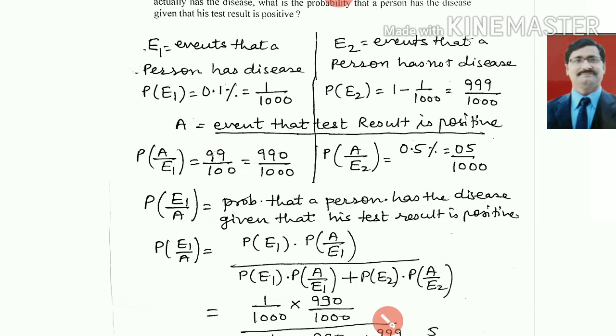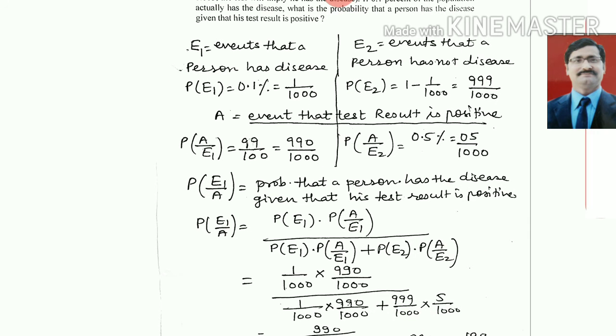Now you put in all these values. P(E1) is 1 upon 1000, P(A|E1) is 990 upon 1000, and again in the denominator P(E1) is 1 upon 1000 and P(A|E1) is 990 upon 1000, plus P(E2) is 999 upon 1000, P(A|E2) is 5 upon 1000.